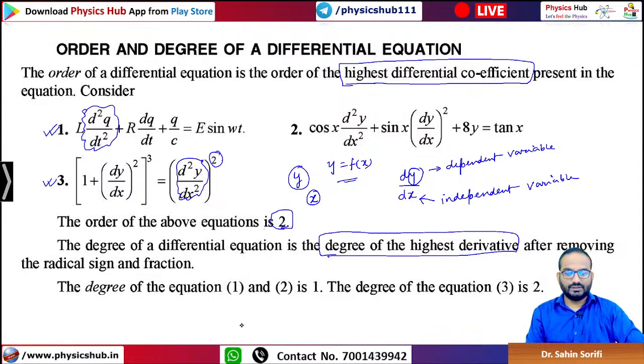Next, we'll be discussing linear differential equation. What do you understand by linear differential equation?